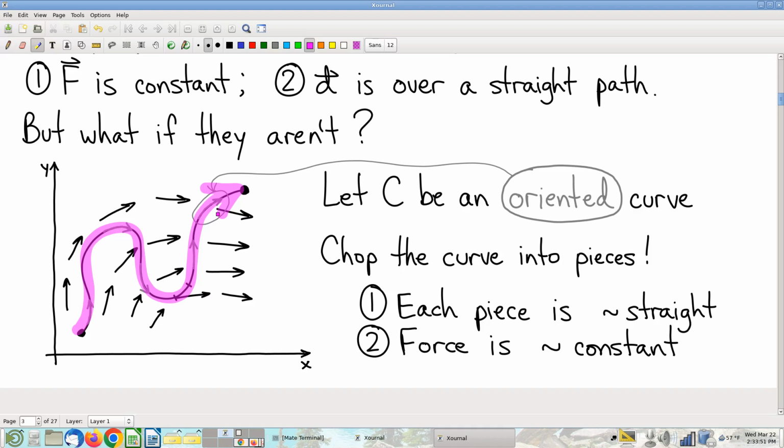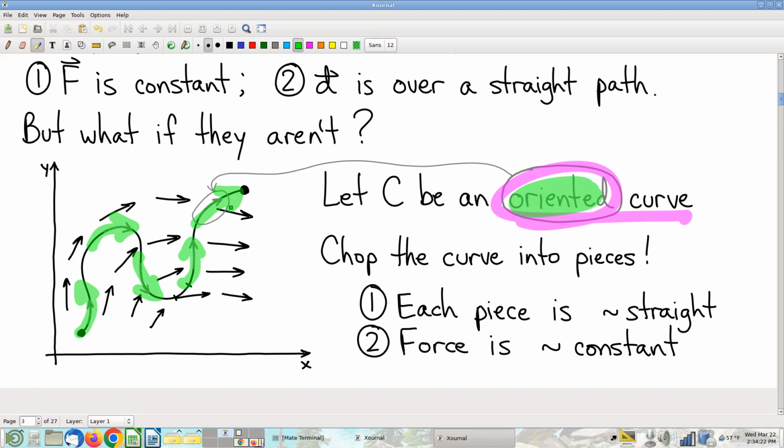So we can't just call this a curve. Importantly, this is what we call an oriented curve. It's oriented in the sense that, in addition to being certain points, there is a defined notion of which direction I am going along that curve.